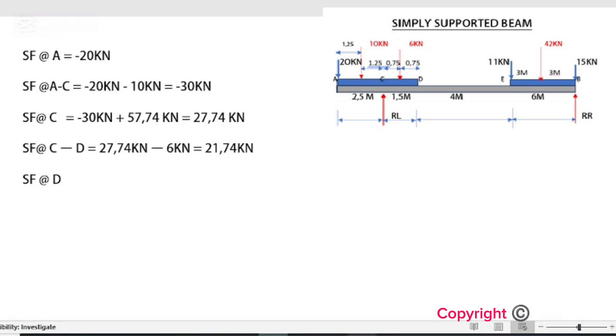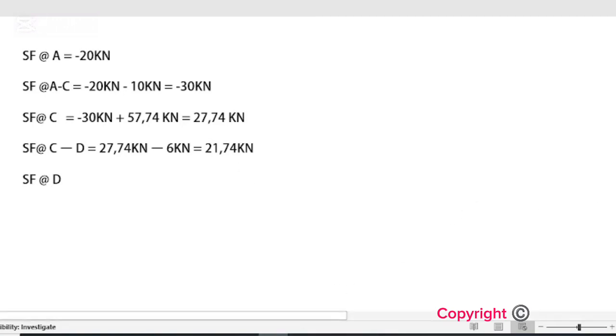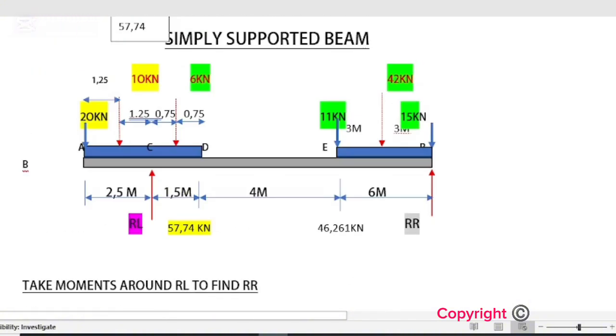Let's go to shear force at D. Let me go and check on the drawing.